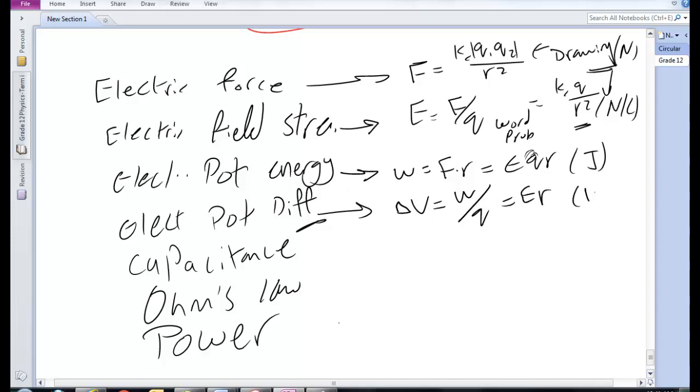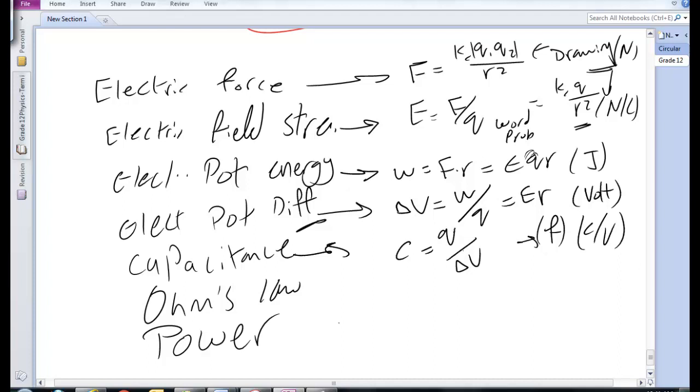And it is measured in volts or V. Capacitance, C is equal to Q over delta V. And it is measured in farad or coulombs per volt. As you can see, there is coulombs here and there is volt here. So it's coulomb per volt.